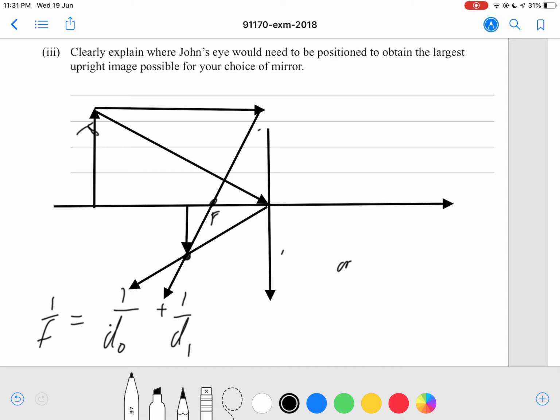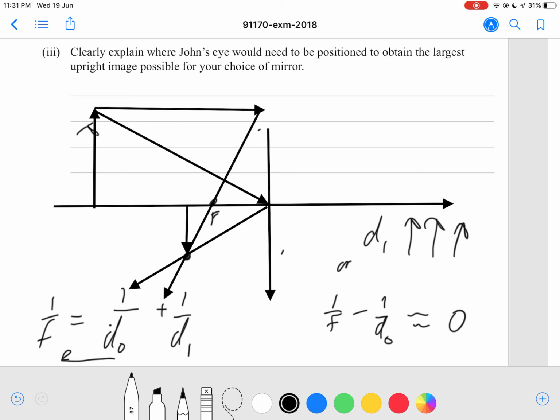As do gets closer and closer to the focal point, 1 over f minus 1 over do gets closer and closer to 0, and 1 divided by a very, very small number will give us a very high output. So therefore, our di will be very, very high.